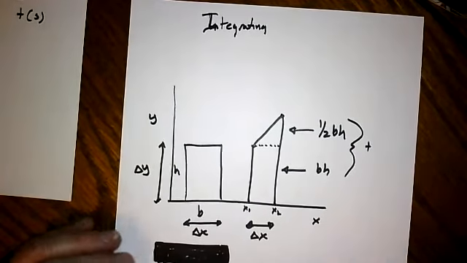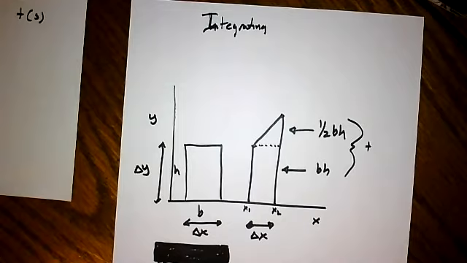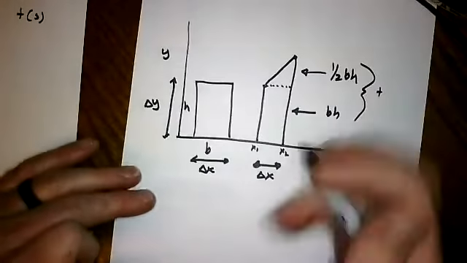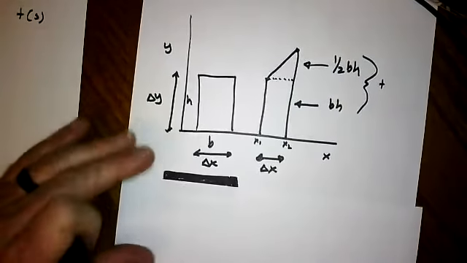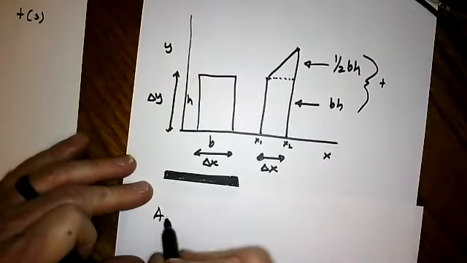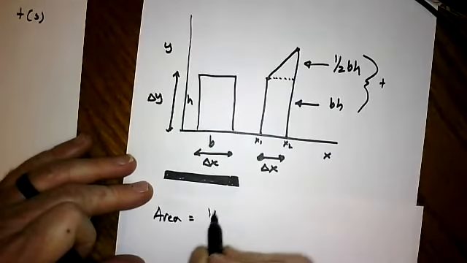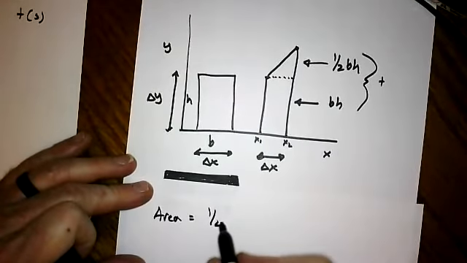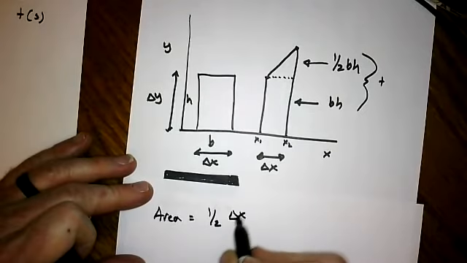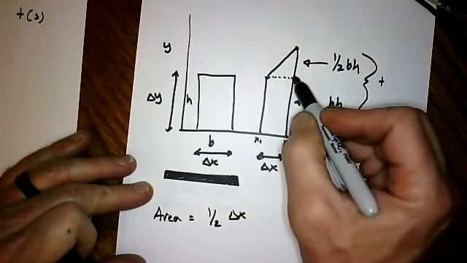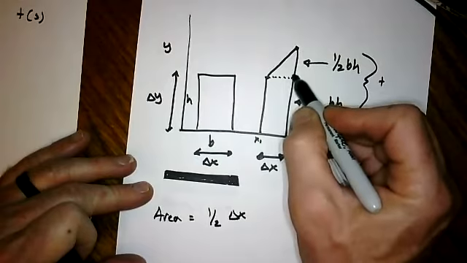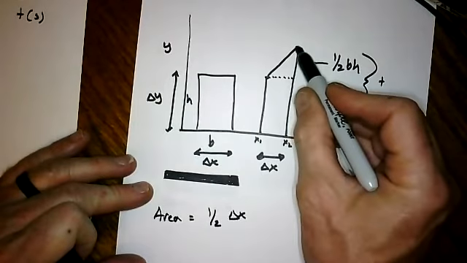All right, so now let's do a little bit of algebra. And let's calculate the area under this portion of the curve. We do area equals 1/2 base, and I'll call that delta x, times height, which is this height right here, or y.